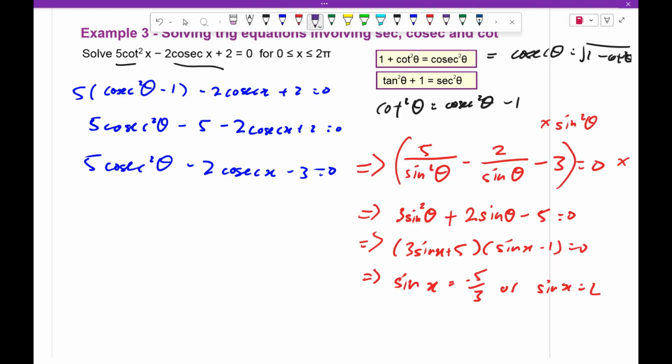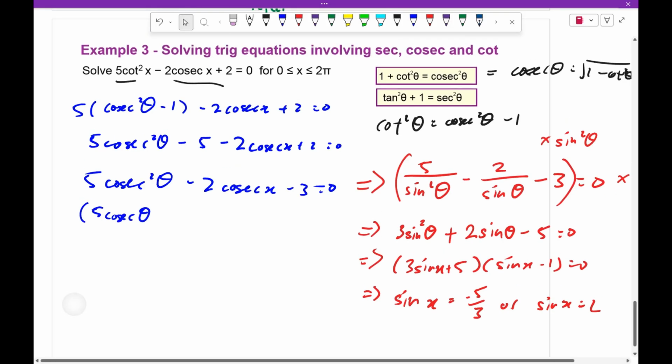Now, if I follow the cosec way, you should get 5 cosec theta. Oh, what am I doing? Sorry, I just realized it shouldn't be theta, it should be x.